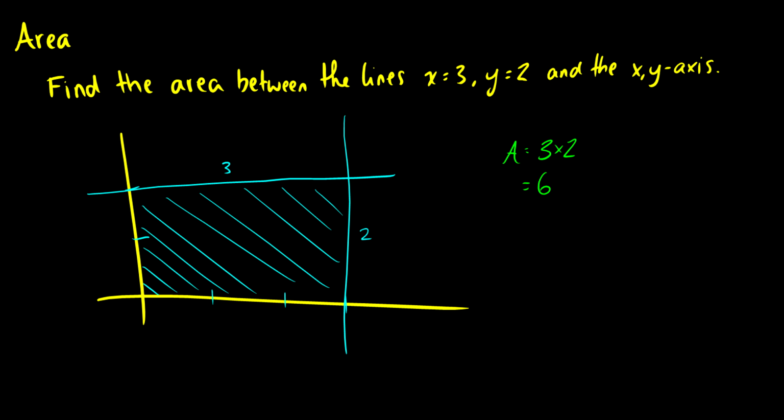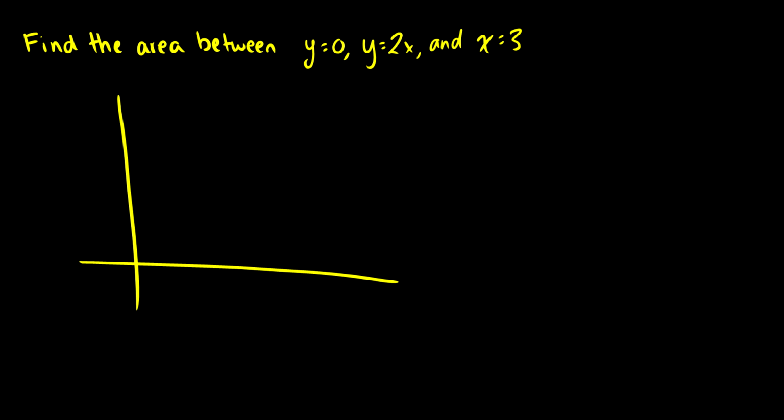That's pretty easy. Now, we have another example where we have the line x equals 3 again. So let's draw this line out here. And the line y equals 2x, which I'm going to draw a little bit more slanted to fit it in, but we'll say that this is y equals 2x.